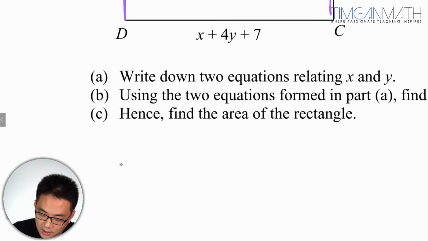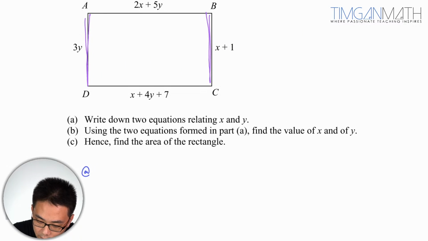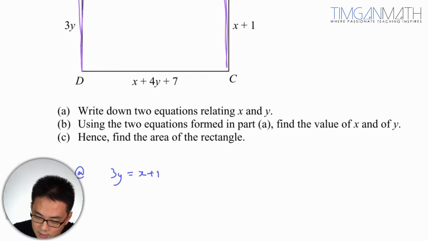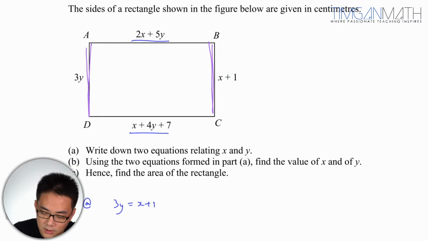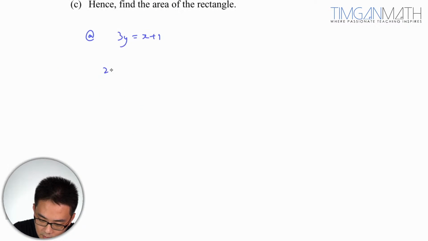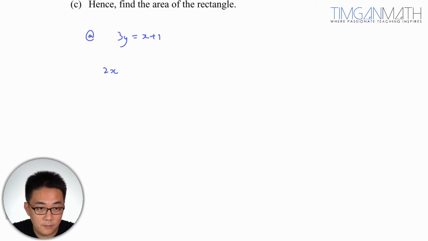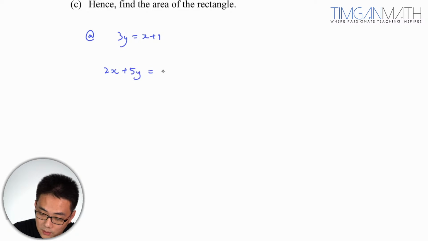So this is one equation: x plus 1 equals 3y. And the other one would be 2x. This will equal to this, right? So this is 2x plus y, 2x plus 5y equals x plus 4y plus 7.